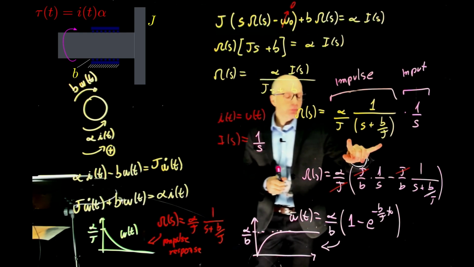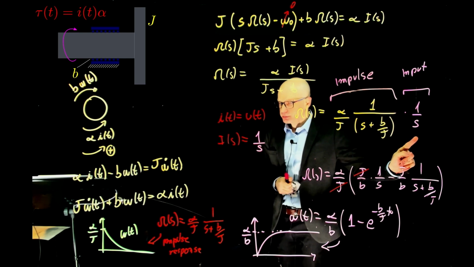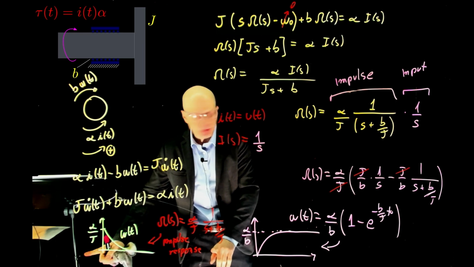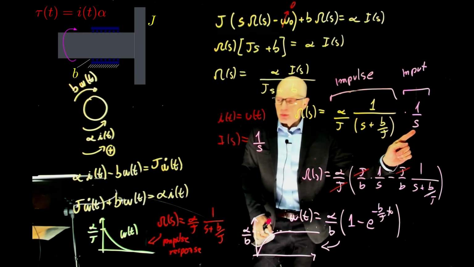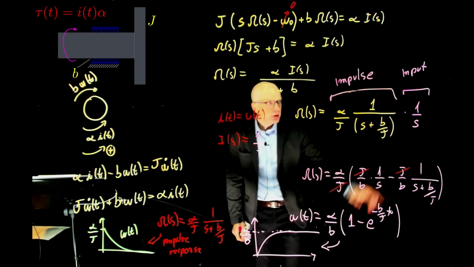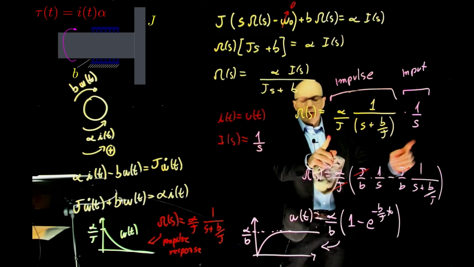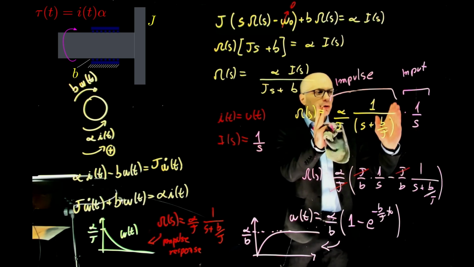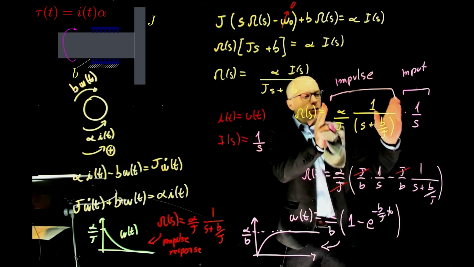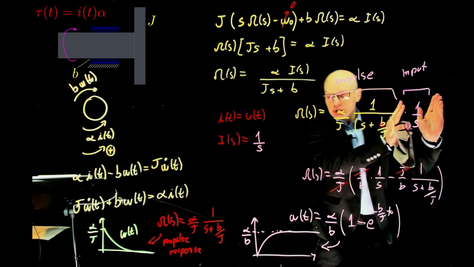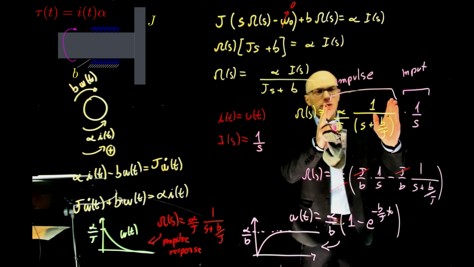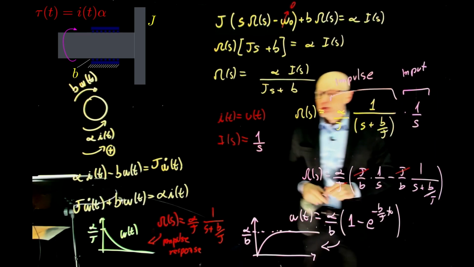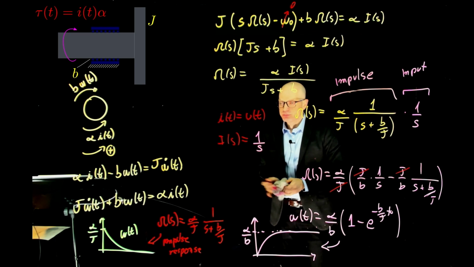When you multiply this part of the equation by 1 over s, this is exactly the impulse response of the system. Here it is, that's the impulse. And you multiply by 1 over s to find its step input. If you go back to the time domain, this multiplication corresponds to the convolution of the impulse response with the arbitrary input of the system.